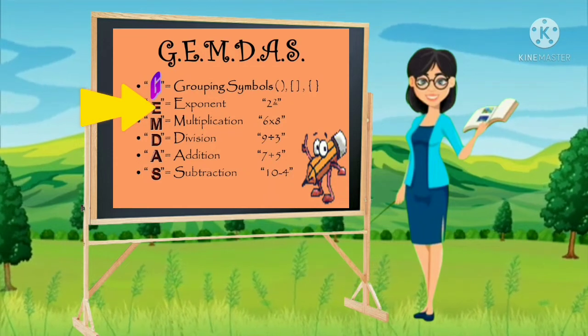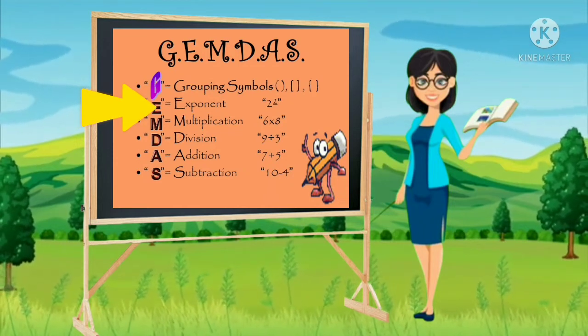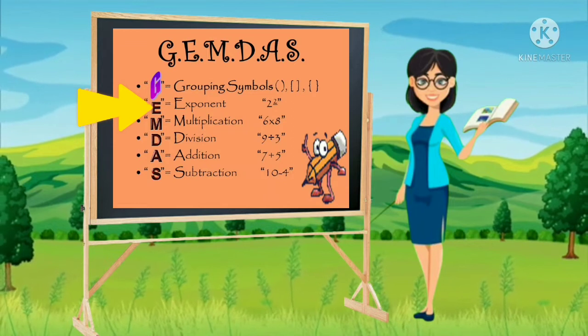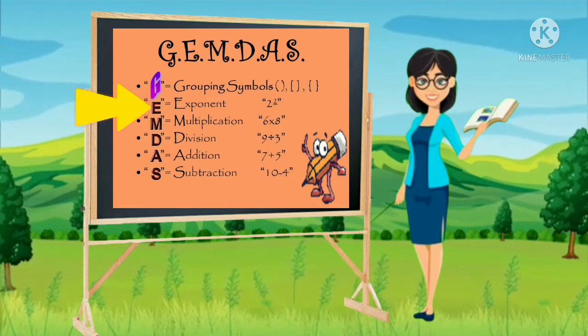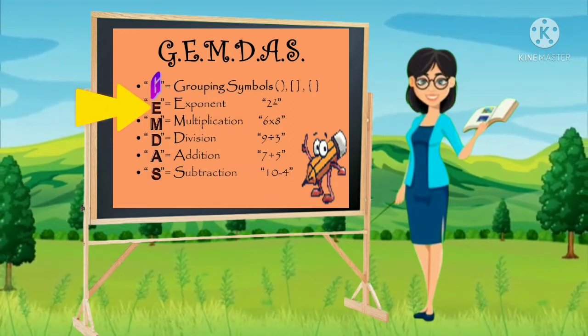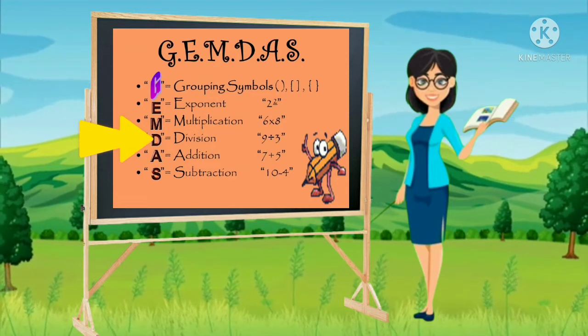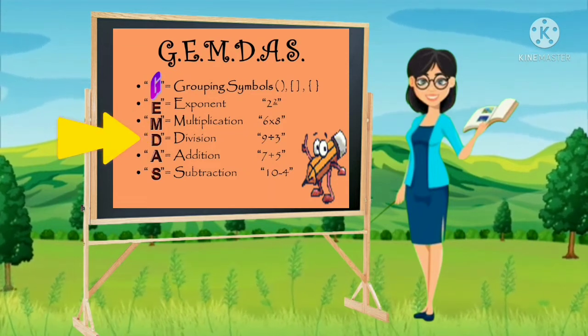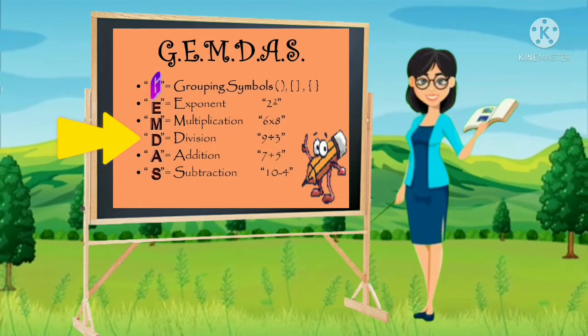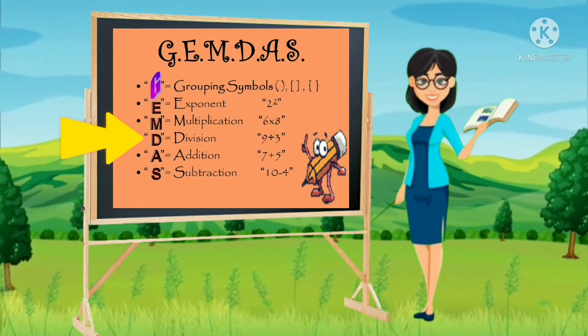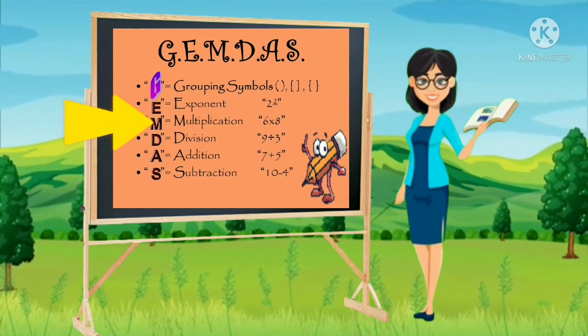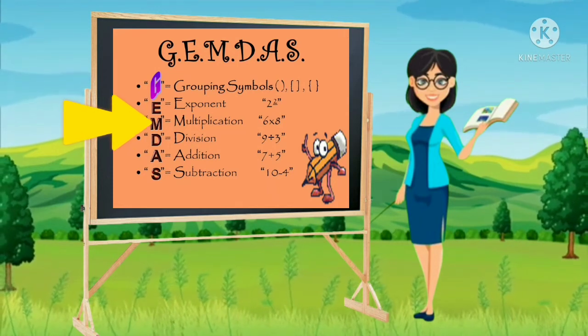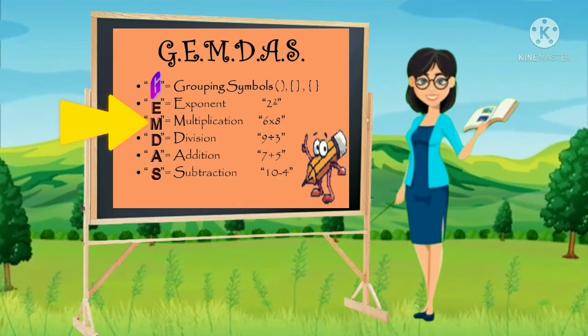E stands for exponent, with the 2 above the N. This means we need to evaluate all numbers with exponent, and next is the multiplication and division, or the M and D. When division comes first before multiplication, then we need to perform division, and when multiplication comes first before division, then we need to perform multiplication first.